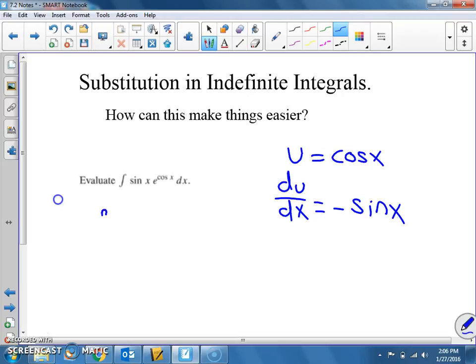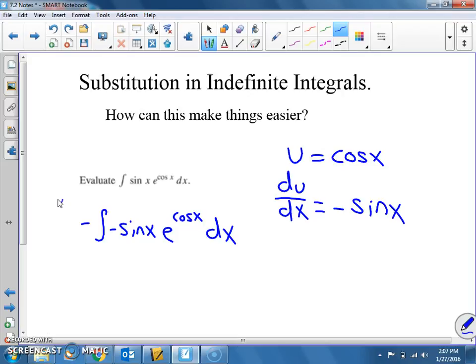So I could have the integral of, if I have negative sine of x, I can put a negative on the outside, right? That would make it a net positive. So did I change anything in this problem right now? So I've got negative times negative sine of x times e to the cosine of x dx. Okay. Now I can see that my derivative of cosine is inside there.